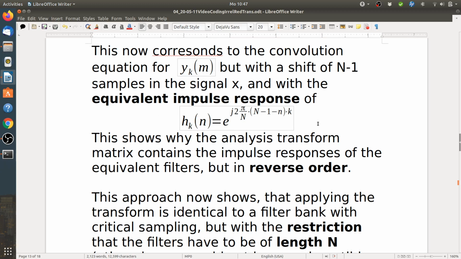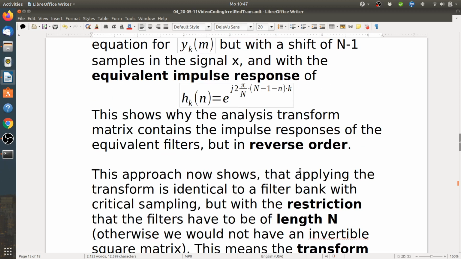We can plot its frequency response and such. So this shows why the analysis transform matrix contains the impulse responses of the equivalent filters but in reverse order. Now you can see again why they must be in reverse order. Because in the transform matrix this is non-reversed, and here we see that the impulse response is actually reversed.